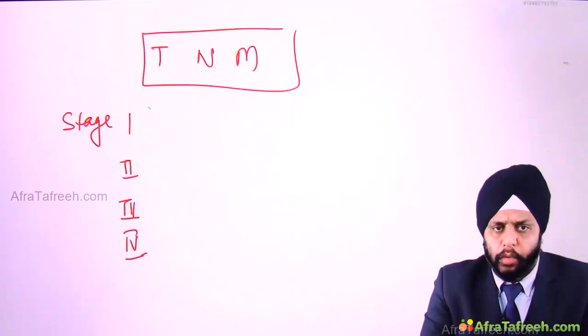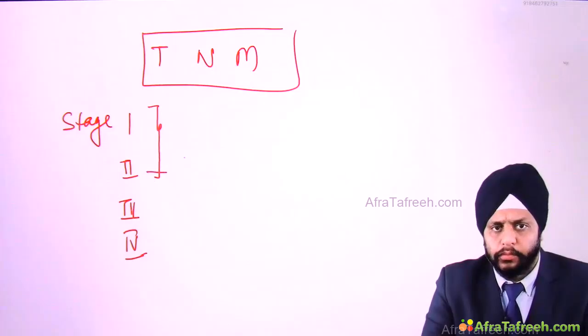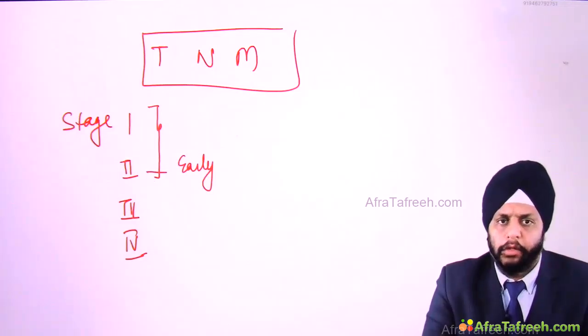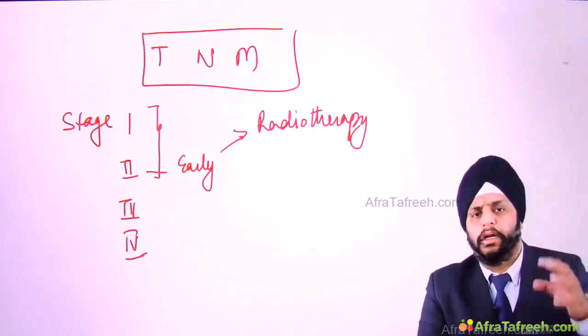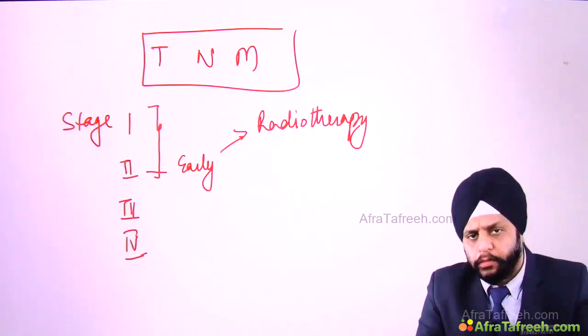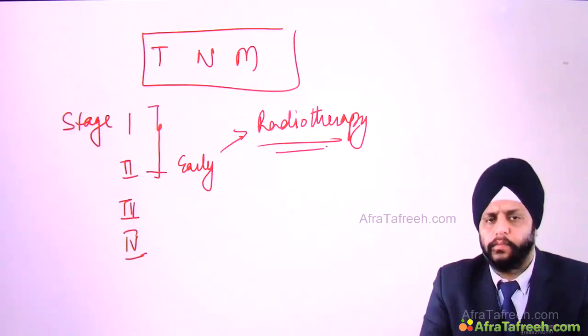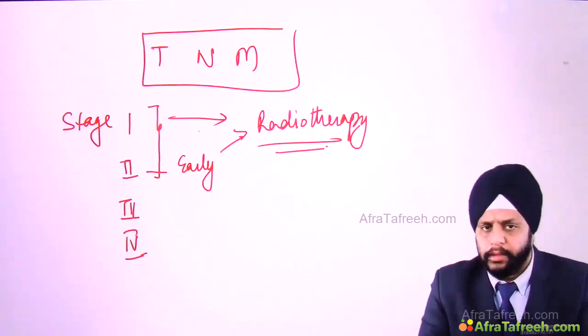See, in stage 1 and early stage 2, radiotherapy is the treatment. Because this tumor is a radiosensitive tumor, okay, the NPC is a radiosensitive tumor. That is why it has a good prognosis. Remember this thing.